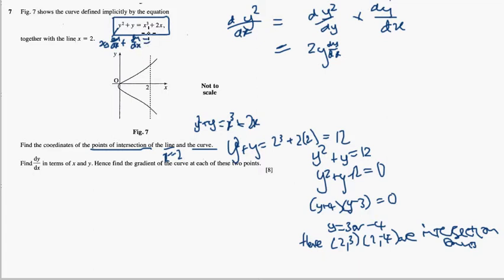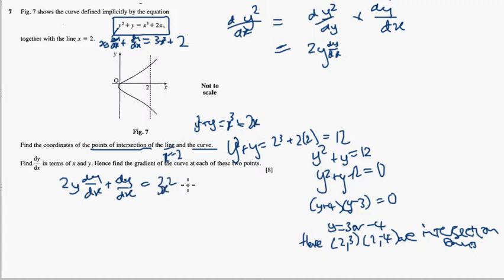If you differentiate x cubed with respect to x, you get 3x squared. If you differentiate 2x with respect to x, you get 2. Now, to find dy by dx, that's what we get when we differentiate each term with respect to x. So I'll just write that out here. To find dy by dx, what we need to do is to make dy by dx the subject.